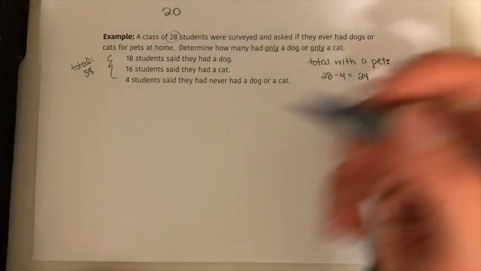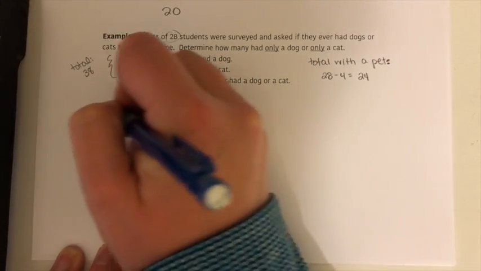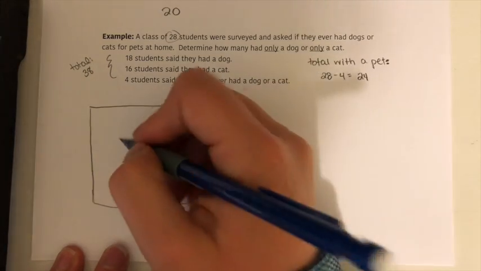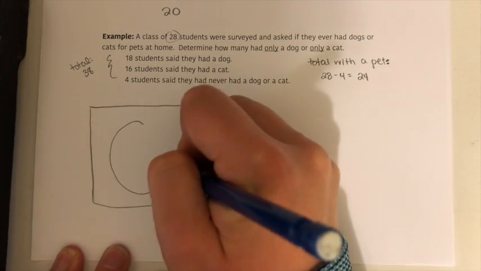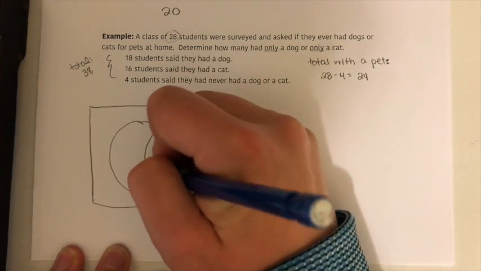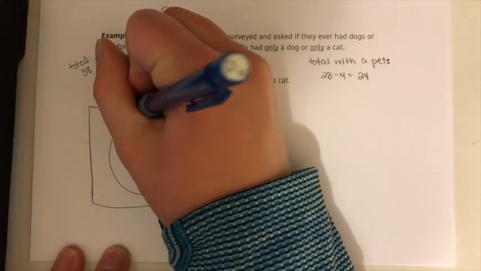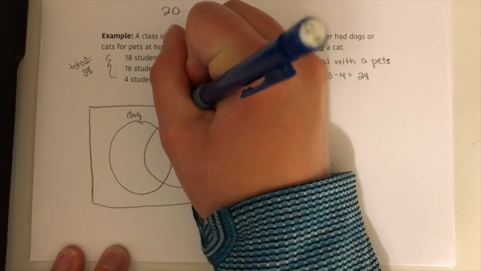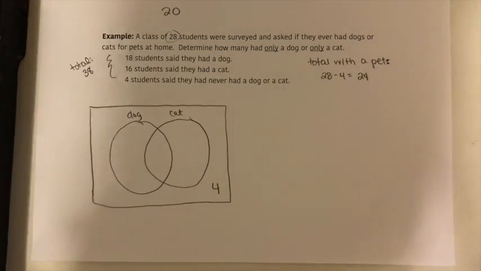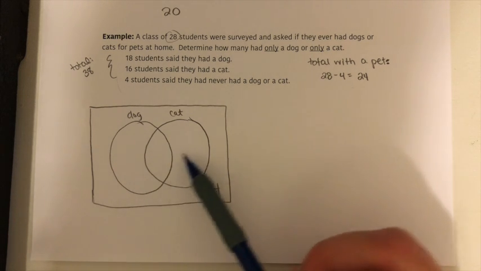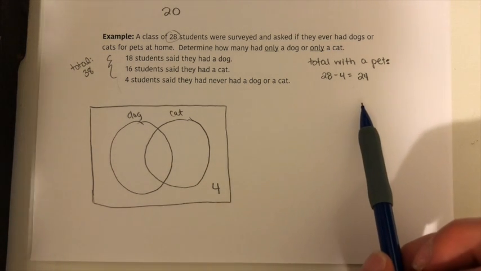So if we start thinking about our Venn diagram, because I think it's just easiest to draw this information out, there's 4 people who don't have either a dog or a cat. And then the numbers in these circles should add up to 24.